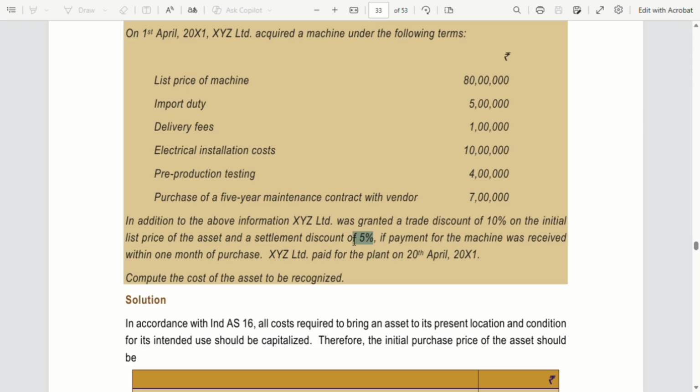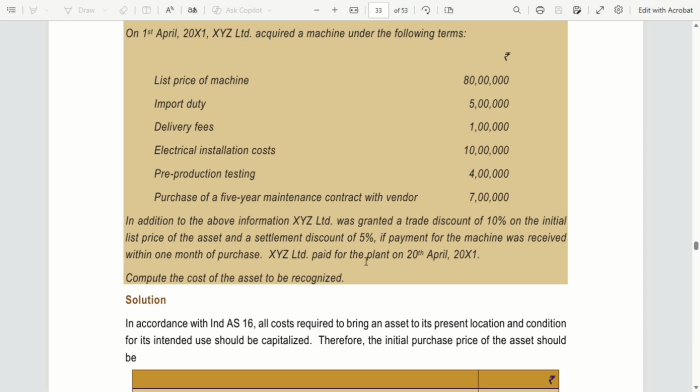The settlement discount of 5% is going to be calculated on the list price minus trade discount, which gives a net price, and on that net price we calculate this 5% cash discount, if payment for the machine was made within 1 month of purchase. So if we make payment within 1 month, then we get this discount.